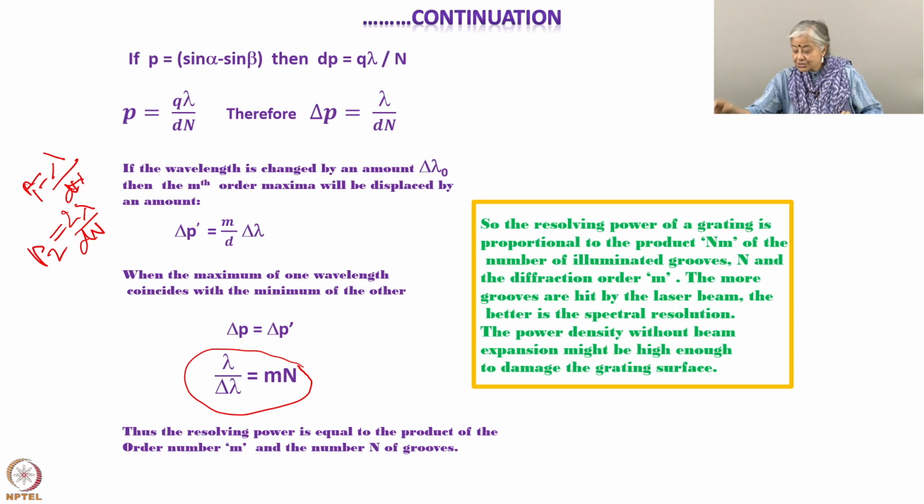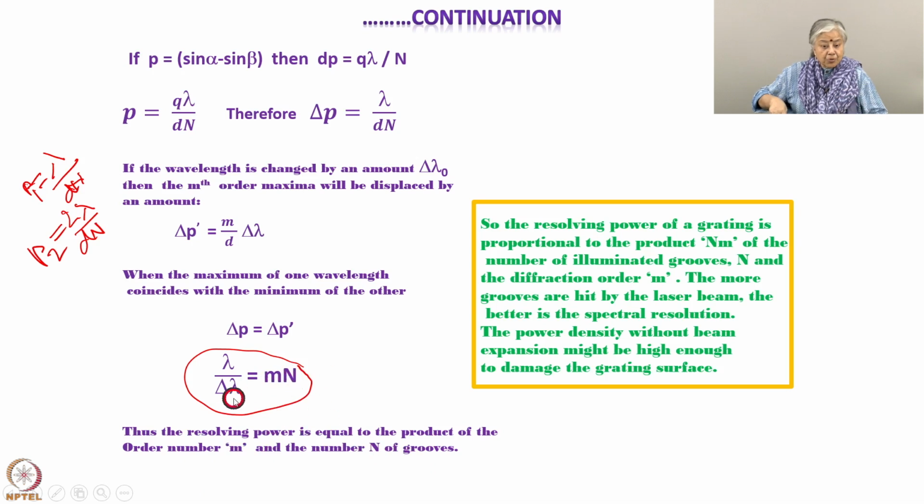So these two things you must know. Here, you see, this resolution depends on m, that means the order, and also it depends on the number of grooves. Order m and the number of grooves.